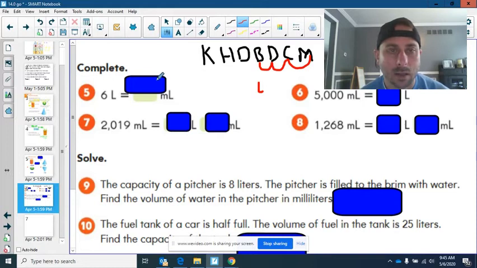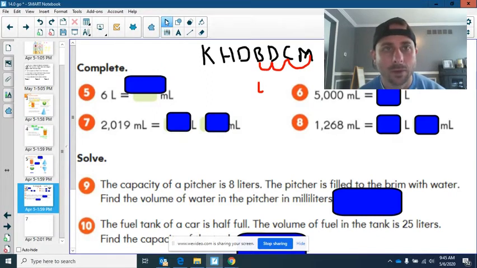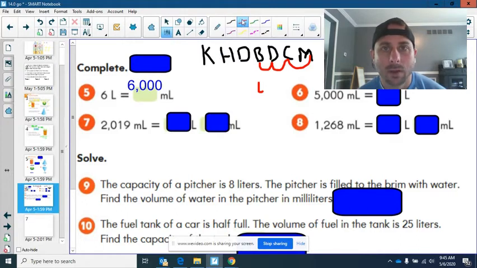What's this answer going to be? Let me give you a few seconds to jot it down, and then I'll reveal. Okay, hopefully you paused it and you came up with 6,000 liters, because the decimal, as I showed you up here in this diagram, in this acronym, it moved 1, 2, 3 places to the right.